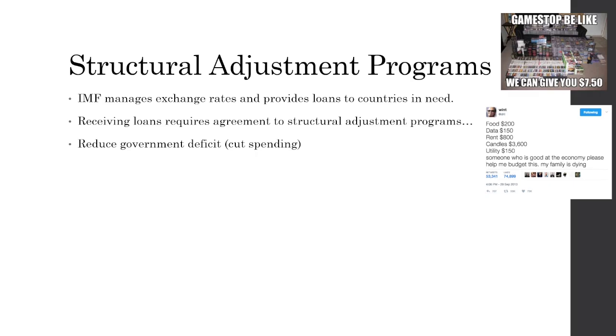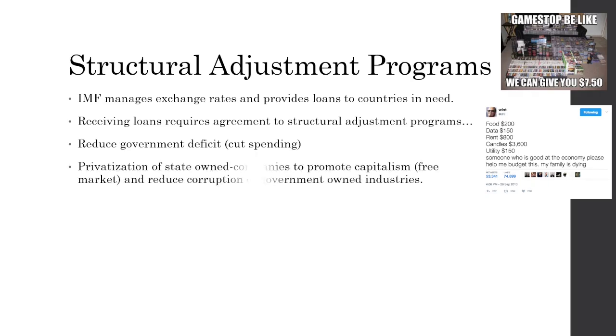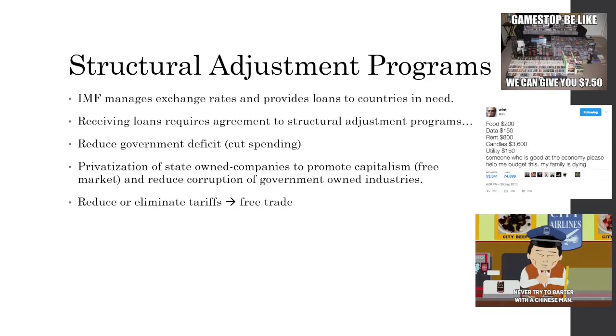These programs can also call for reduced government spending. They call for privatization of state-owned companies, and this promotes more capitalist and free market practices. They can also call for the reduction of corruption in government-owned industries. But we saw prior in this lecture that privatization can also have some hands in corruption, depending on who is actually getting the organizations.